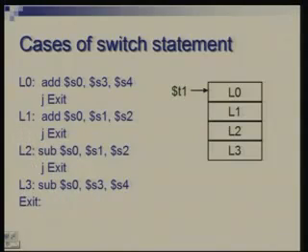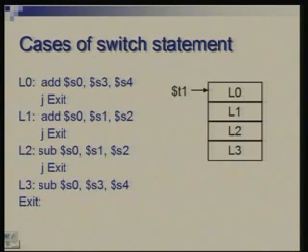In very specific cases, when these 4 labels are, let us say, equally spaced, if they are uniformly spaced, or these bodies of cases can be padded up with blanks to make them uniformly spaced, then you do not really need the table.